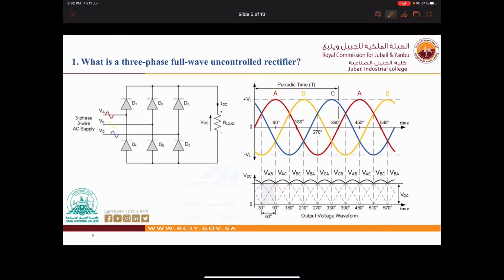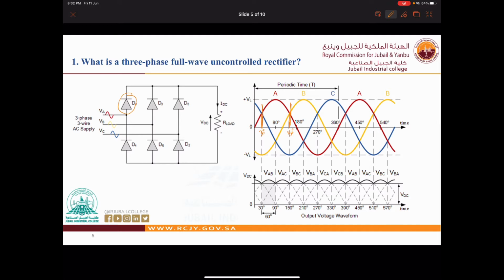Now, as you can see here, phase A, let us see the waveform from 30 degrees up to 150 degrees. In order to have D1 working, we should know something very important.